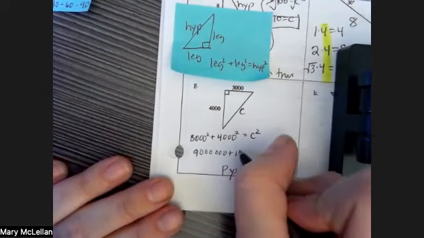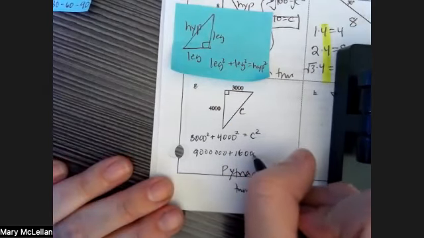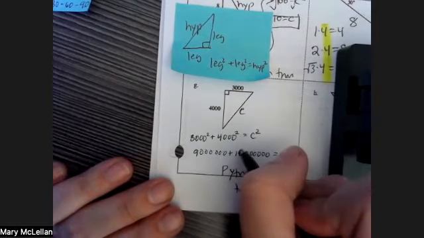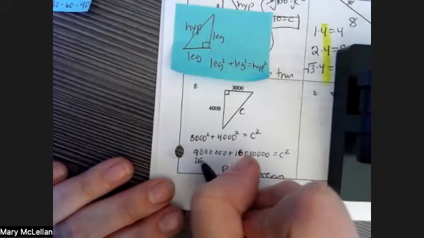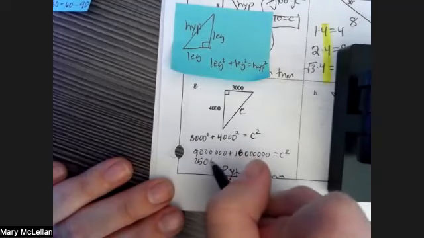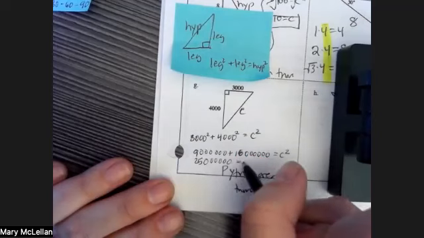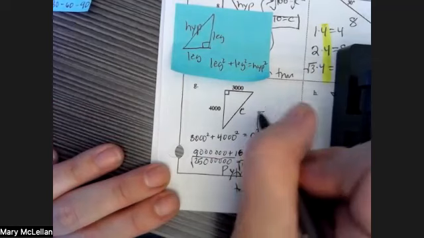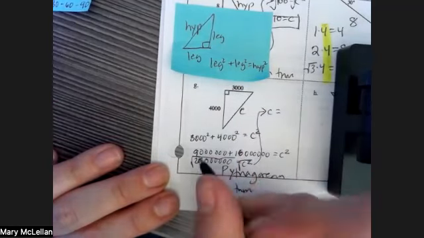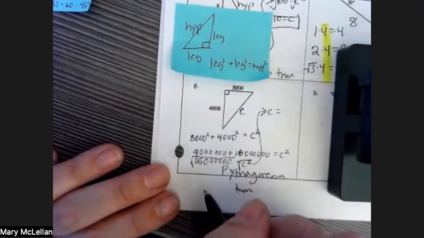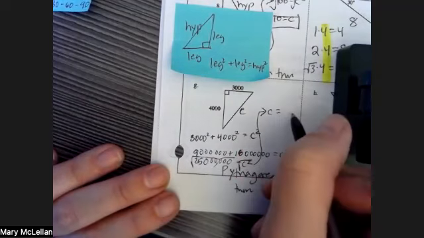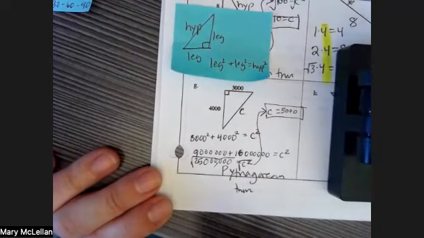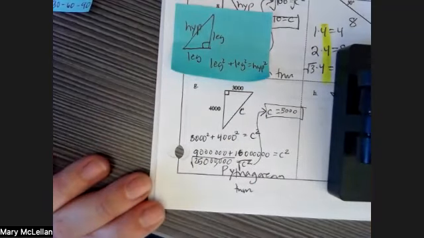And this is 16 and 6 zeros equals c squared. Okay, this is 25 and 6 zeros equals c squared. Take the square root of both sides, and I get c equals, I think, 5,000. It might be 5,000. If it isn't, you could leave your answer like that. I'm not really sure.